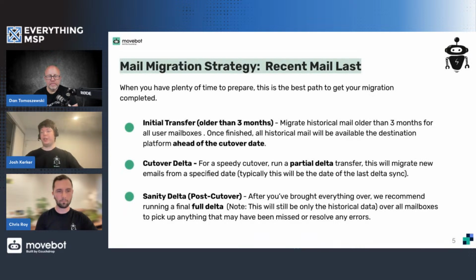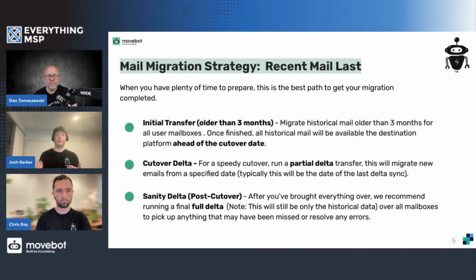The strategy for this one is initial transfer up to the last 90 days. And then after that, we will do a cutover delta. These cutover deltas should be much quicker. Depending on how large the mailboxes are, the first delta could be a couple of days, could be a week, depending on how much data you're moving.